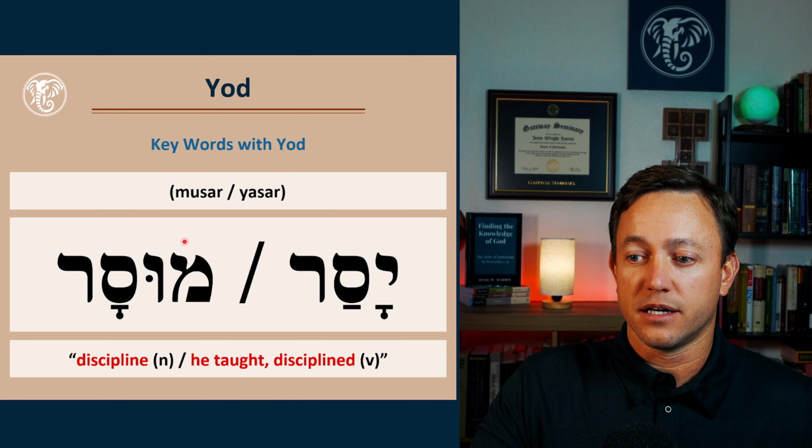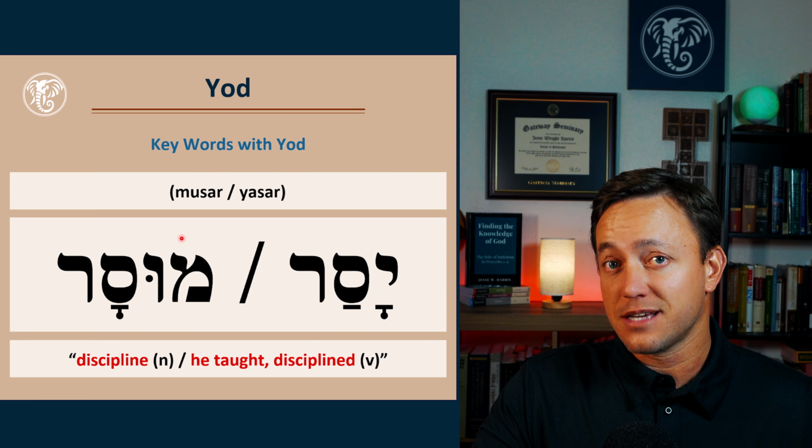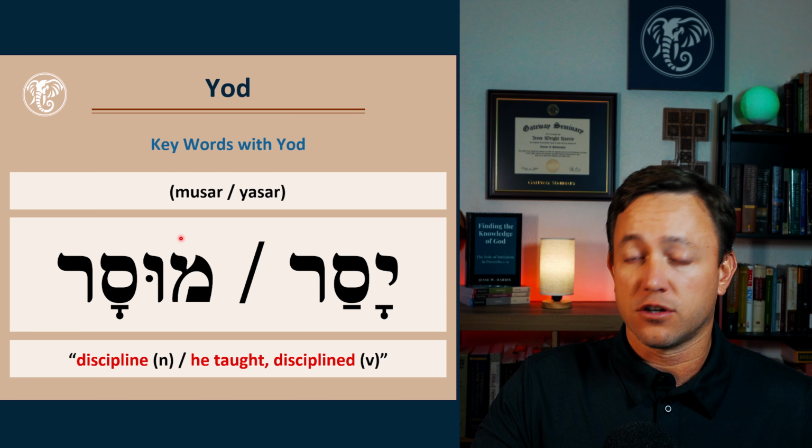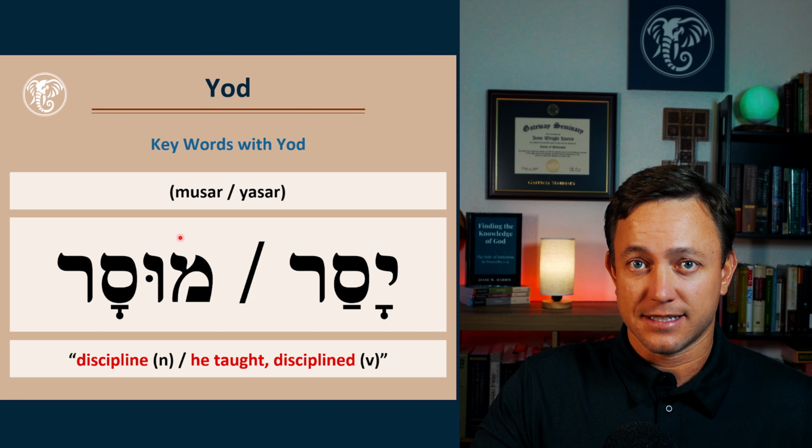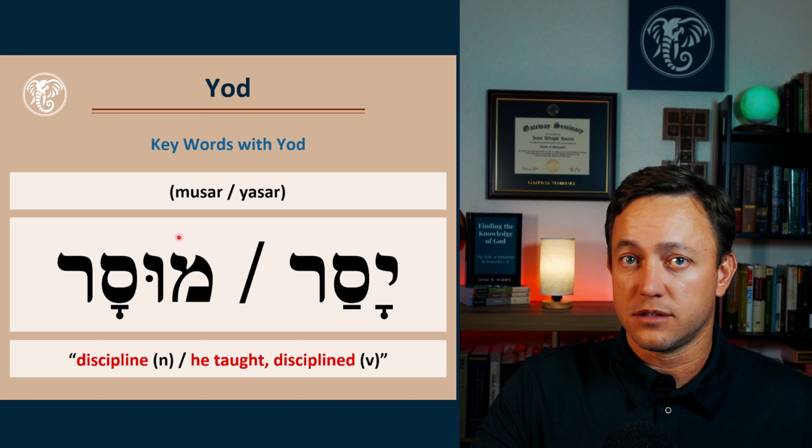And this other word here, musar, again, oftentimes just translated as discipline, but is really in the sense of discipline for a student or a son from a father. So it's correction, it's guidance, it's teaching, more so than just spanking or a whipping or something like that.